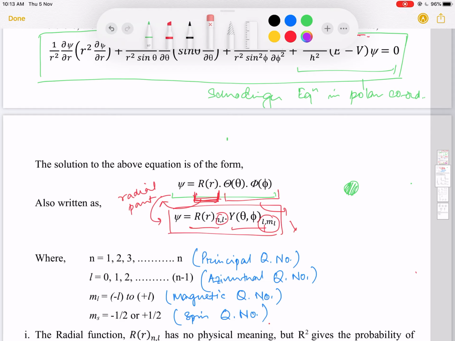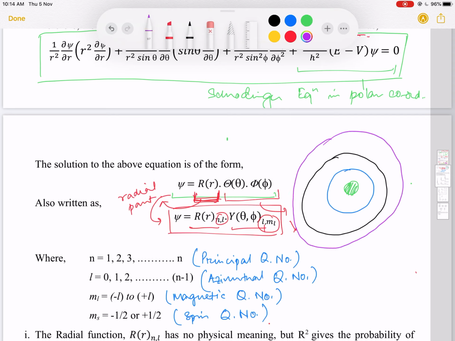Say this is your first shell, this is your second shell, and this is your third shell. So this is the first shell, second shell and third shell.